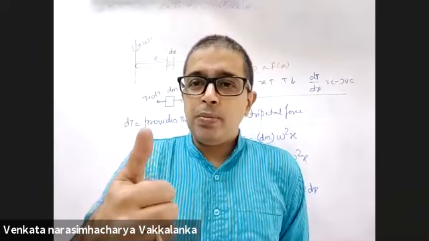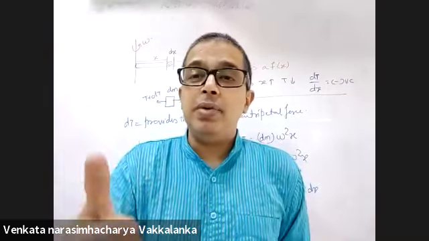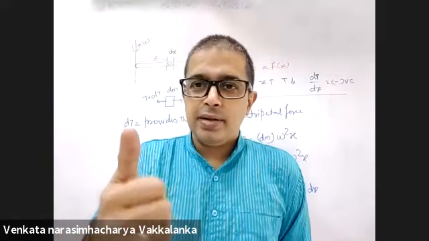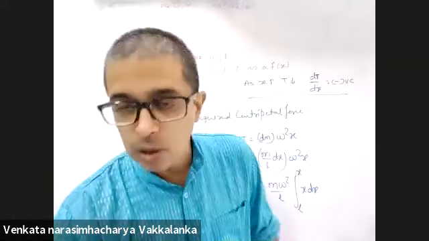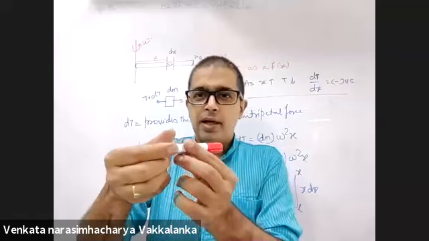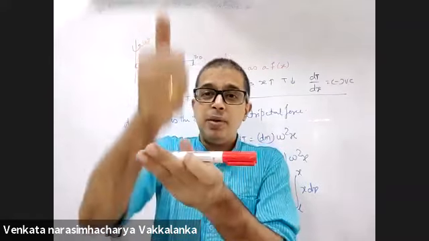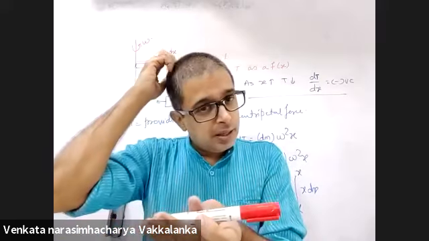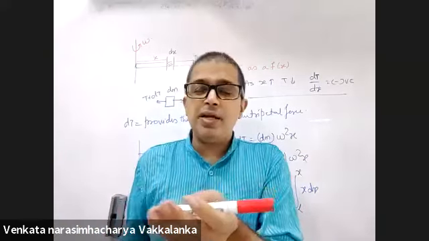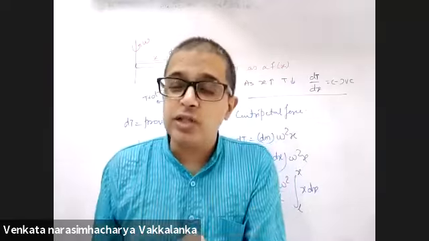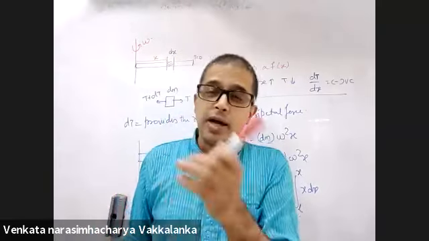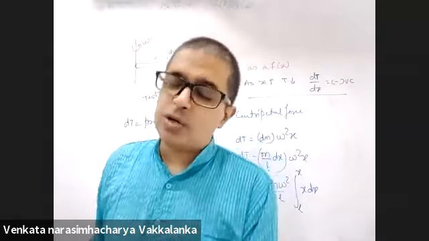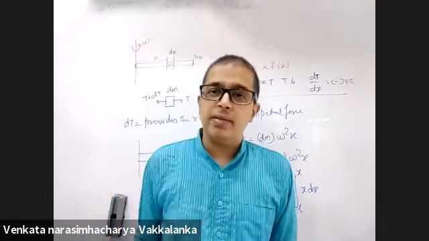The effect will be in one plane, but the official direction will be perpendicular. Body rotating this way, the official direction of omega will be perpendicular. I'll explain that slightly at a later stage when I define torque. Torque, angular momentum, all this will come. Or in tomorrow's class itself I'll explain. Okay, sir.